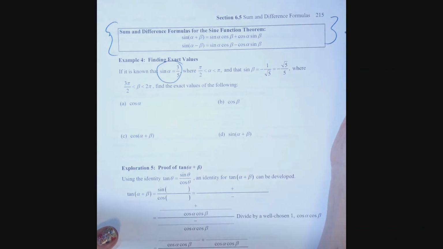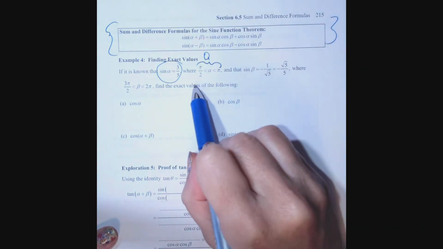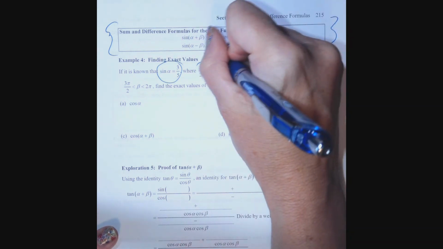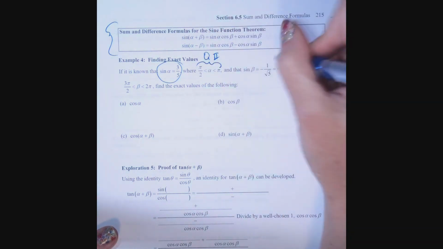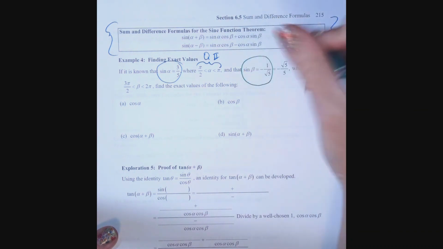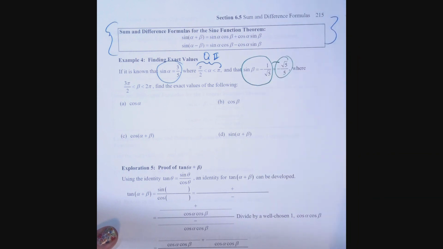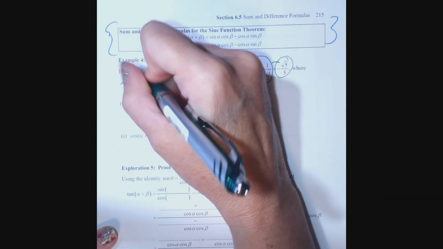If we know that the sine of alpha is 3/5, and we know that alpha is in quadrant 2, pi half to pi, and we know that our second angle, sine of beta, is negative square root 5 over 5, and we know that beta is going to be in quadrant 4.